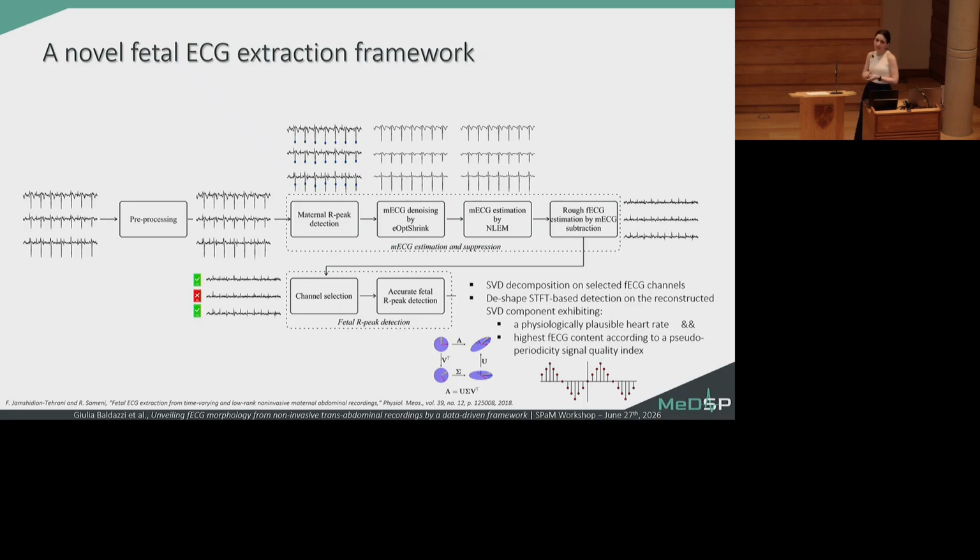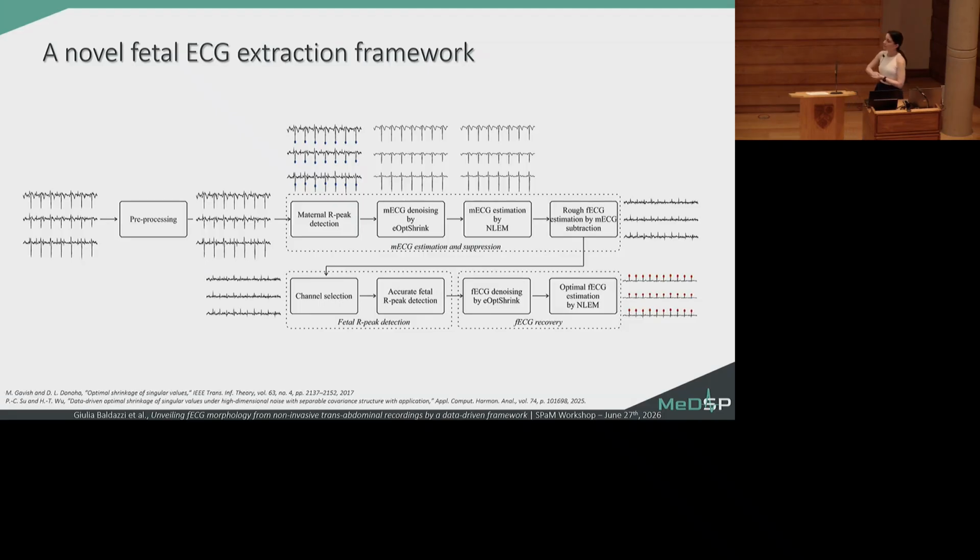And on the selected channels, we propose a singular value decomposition to extract the reconstructed component showing the highest fetal ECG content in terms of pseudo-periodicity, basing the estimation on a single signal quality index that is provided in the literature.